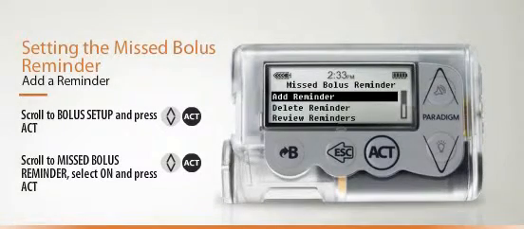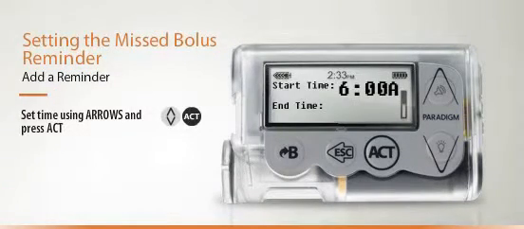You can add up to 4 missed bolus reminders during a 24-hour period by scrolling to Add Reminder and then pressing Act. Using your scroll buttons, enter a start time and then an end time, pressing Act after each.